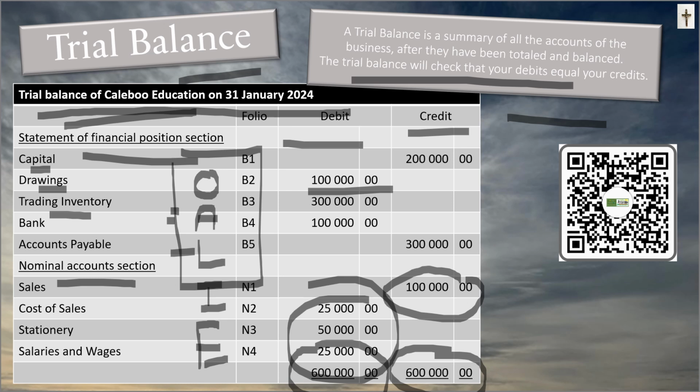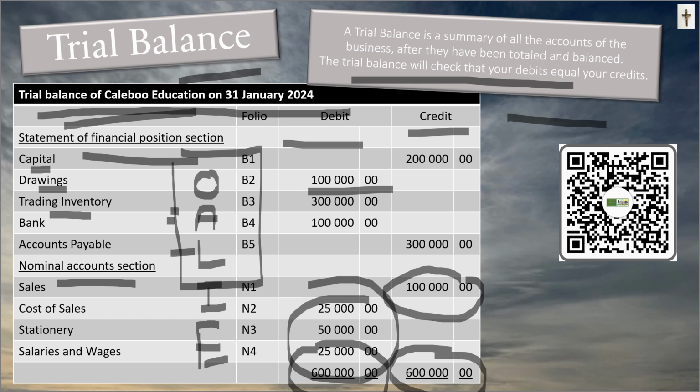We could have debited the wrong account and then we got an error. But a trial balance gives you a good idea of whether you've done your books accurately, but if the debits equal the credits, that doesn't mean everything is correct.